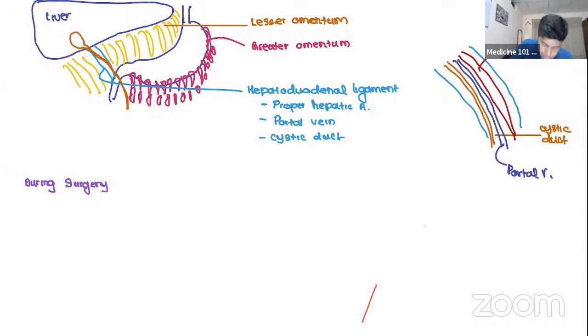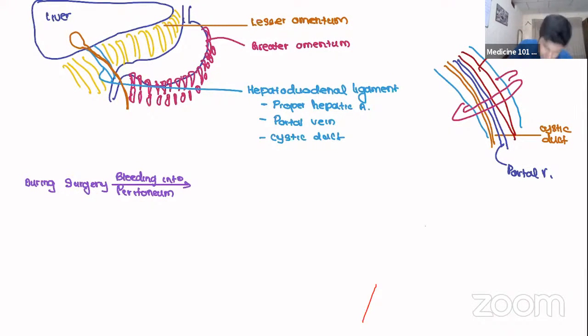Okay, let's take it like this. During surgery, if there is bleeding into the peritoneum, into these regions, you do a maneuver where you clasp this region. What do you call this maneuver?